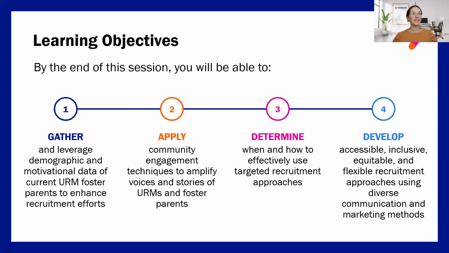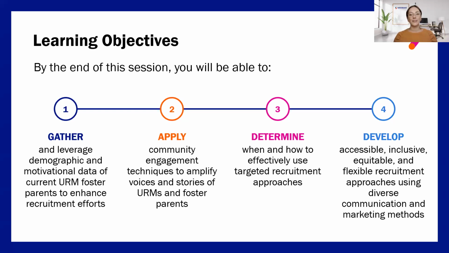So today our learning objectives are as follows, and I hope that you'll leave learning a little bit more information. The first learning objective that we'll be covering is gathering and leveraging demographic and motivational data of current URM foster parents. The second is applying community engagement techniques to amplify voices and stories of URMs and foster parents.